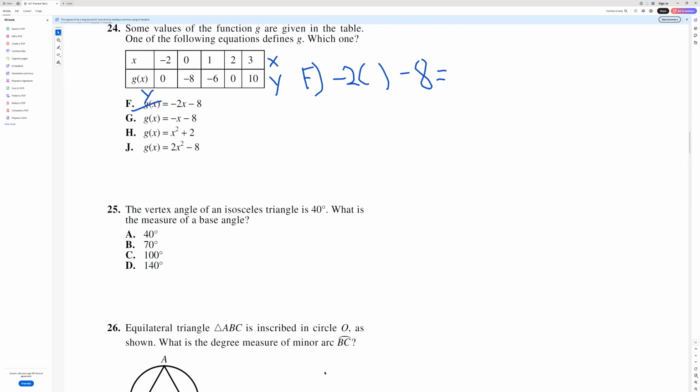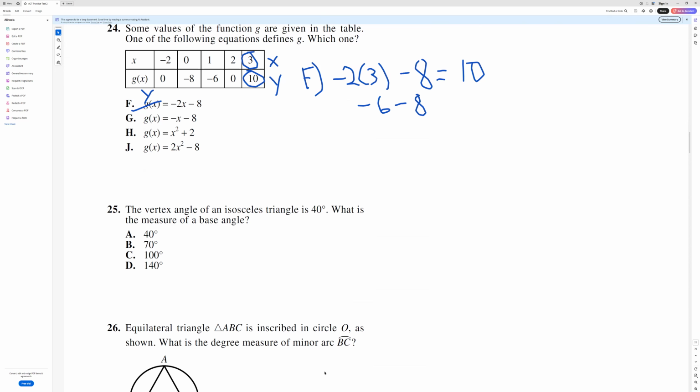The value of y here is 10, and the value of x here is 3. -2 times 3 is -6 minus 8. That's not going to give us 10.